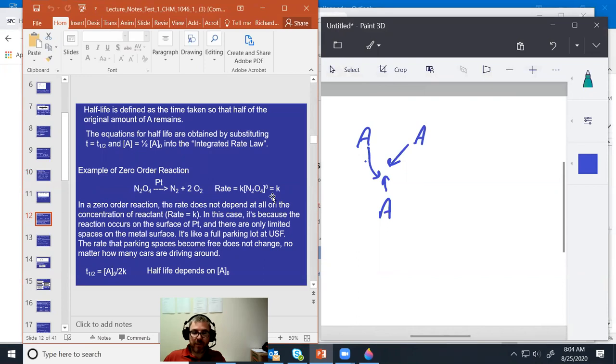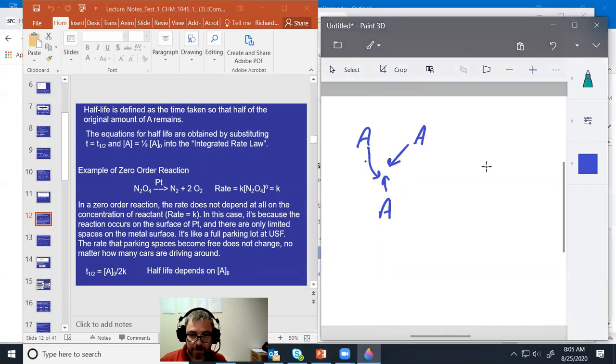The rate doesn't depend on the concentration of the reactant. That's what a 0 order means. That's the reality of it. Now that's incredible to me, that a rate could possibly not depend on the reactant. So the situation here is what's known as a catalytic reaction, or a metal surface reaction, I guess might be a better way of putting it.